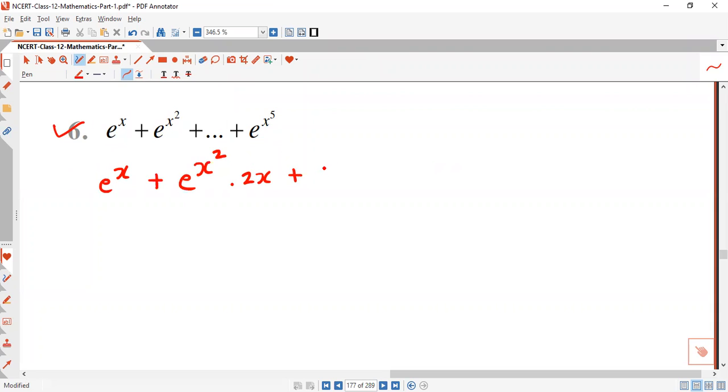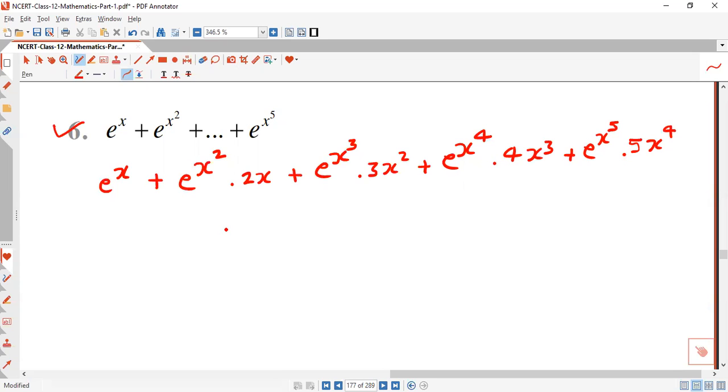The next terms will be, you can see, e raised to x cube into 3x square, plus e raised to x4 into 4x cube, plus e raised to x5 into 5x raised to 4. So here there is some pattern, 1, 2, 3, e^x square and this e^x4. All right, so this is the answer basically.